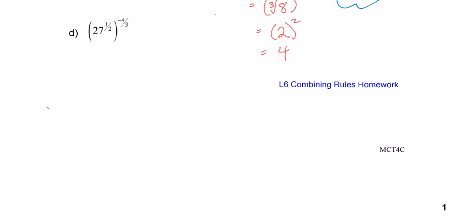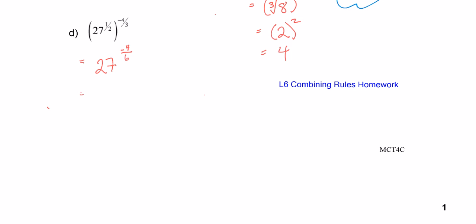I'm going to go a little faster this time. The numerators are 4 and -1, so we multiply those two together right away. Our base is still 27. The numerators multiplied against each other give us -4 on the top of our fraction in the exponent. And on the bottom we have 2 times 3, which will give us 6.